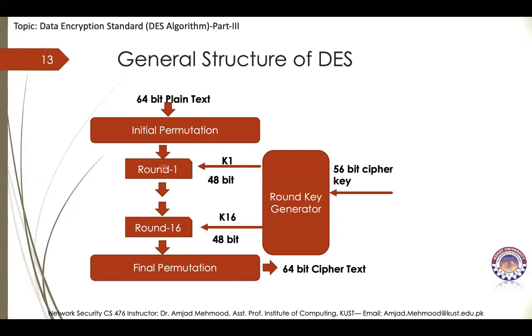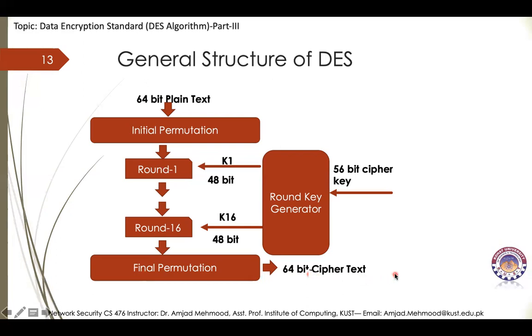The remaining rounds, round number 2, 3, and up to 16 in DES, have the same working as round one. Once all the rounds perform their operation, this will be passed to the final permutation. In the final permutation, the jugglery or replacement of bit positions will be performed again, and finally you will get the 64-bit ciphertext.